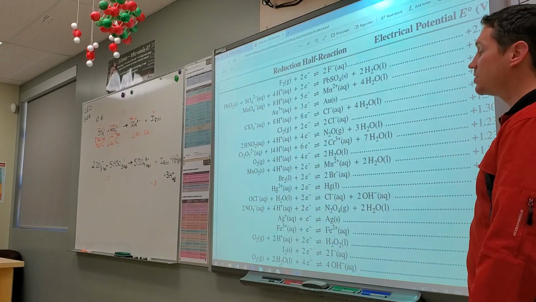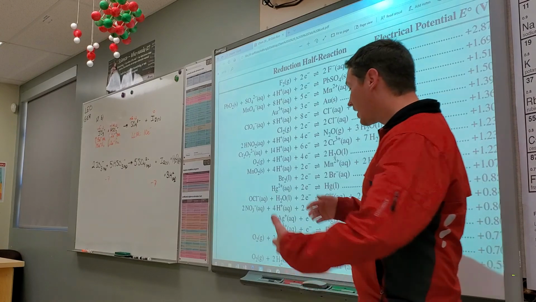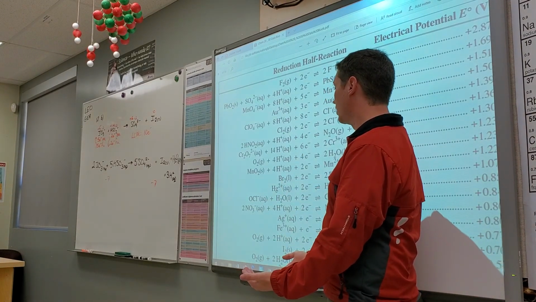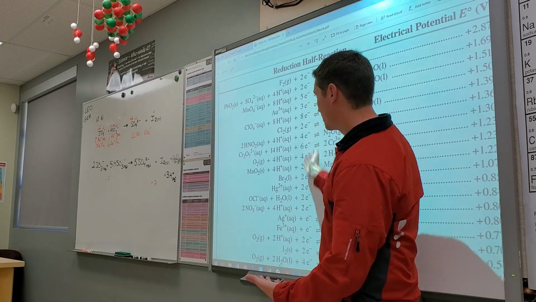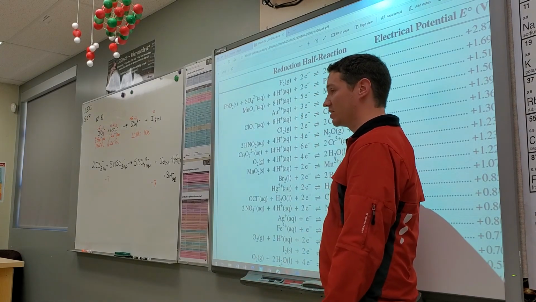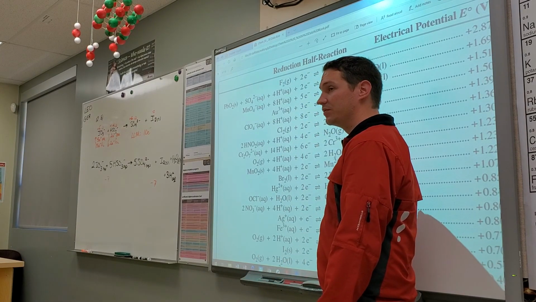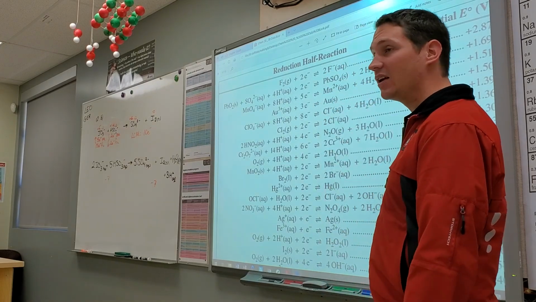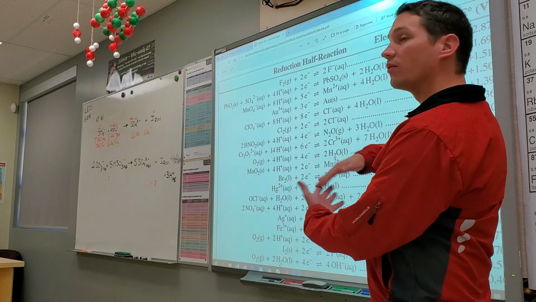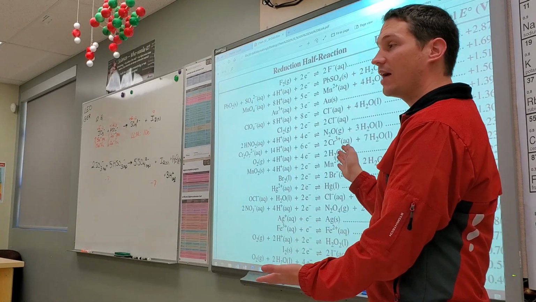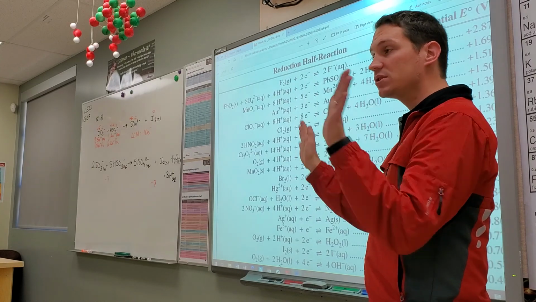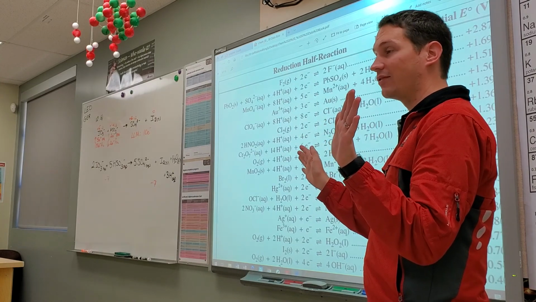Can you provide an explanation as to why they're always written as reduction half reactions? Sophia? Every single one of these is gaining electrons, and we just want to write them all as reduction half reactions because that standardizes it. We just get used to all of them being written as reduction half reactions.